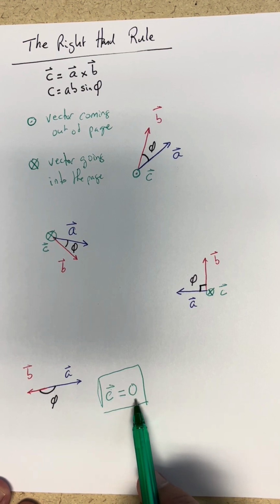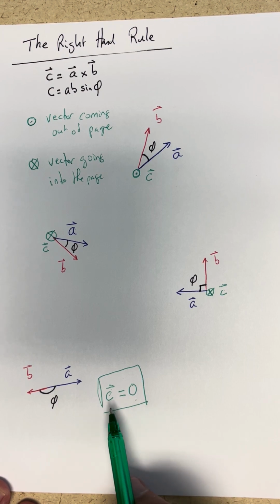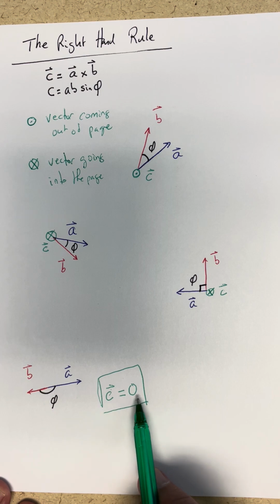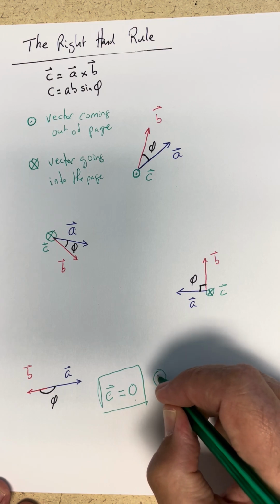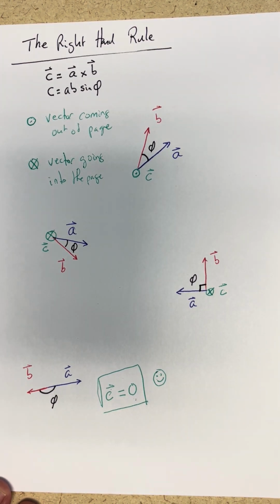There's no vector symbol on the right-hand side, so this is just a scalar. This is the only time I can get away with this, because 0 has no direction. It has no length. It has no direction that I can define for it. So I can set a vector equal to the scalar 0. Okay, so that's okay to do.